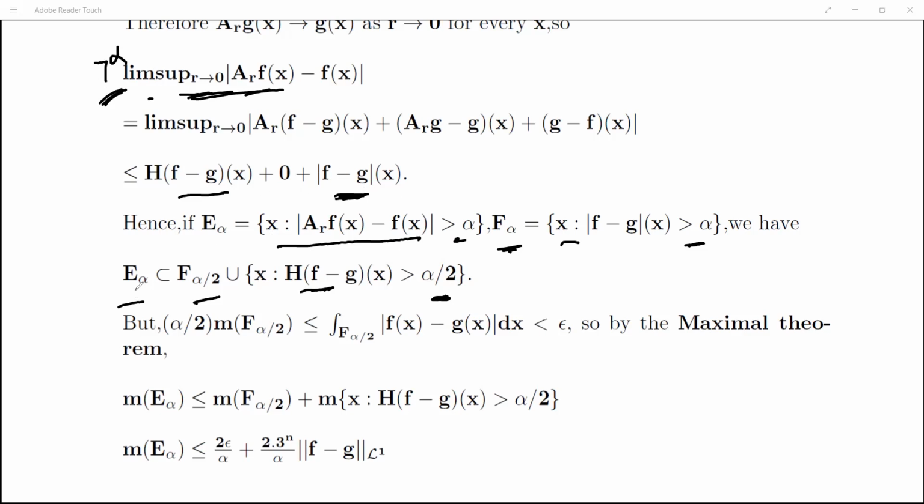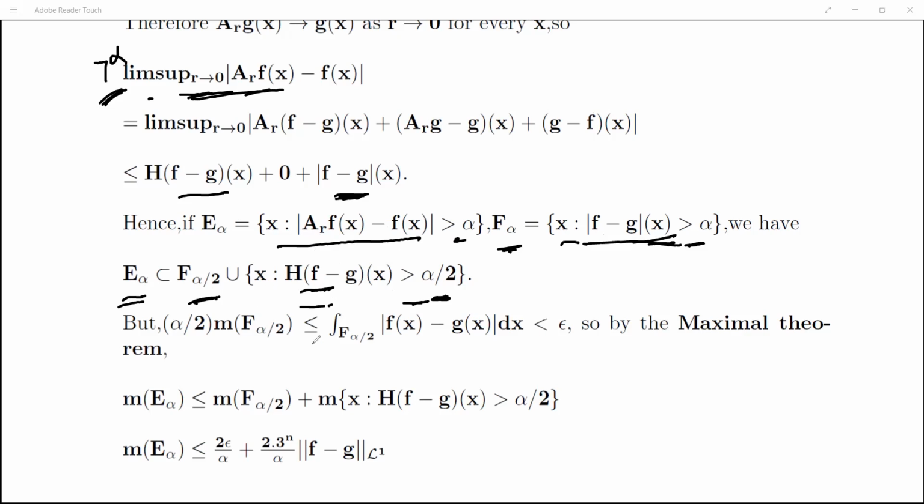So that is another way of saying that E alpha has to be contained within F alpha by 2 union the set of all x such that the maximal function of F minus G at x is greater than alpha by 2. So your measure of E alpha will be less than or equal to the sum of the measures of these two sets, and then you try to show that the measure of each of these sets is very small.